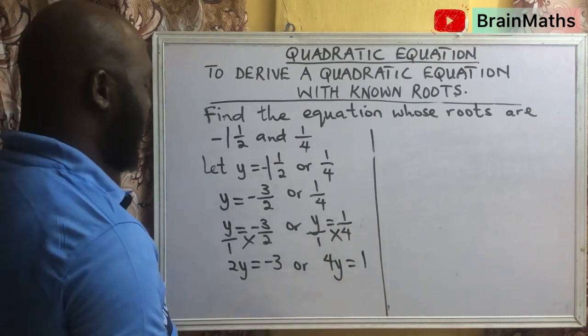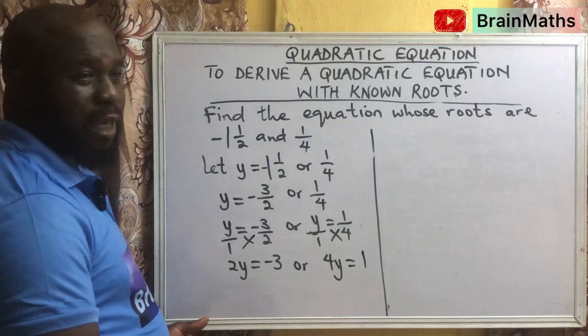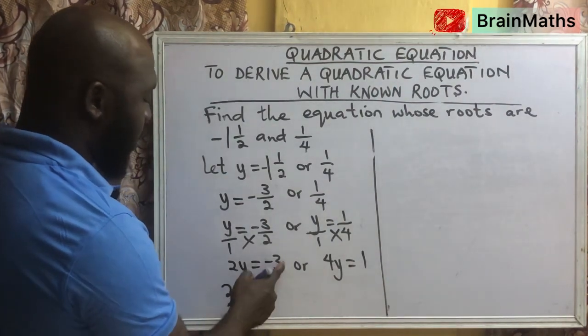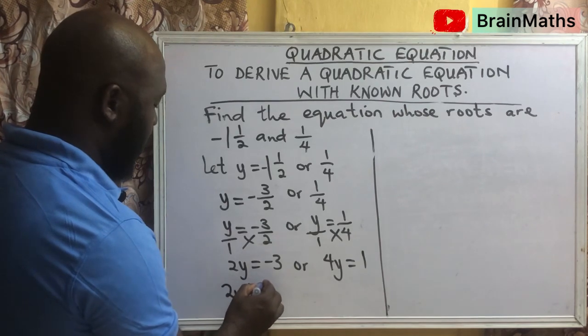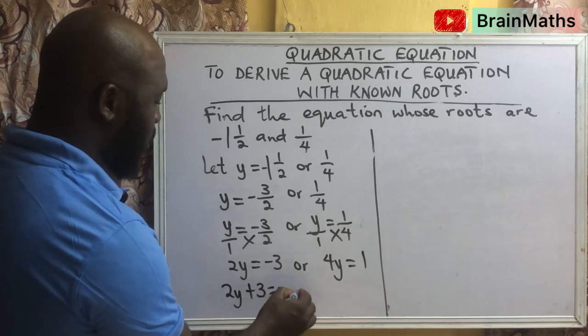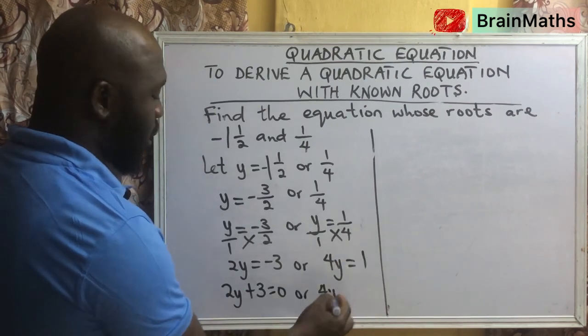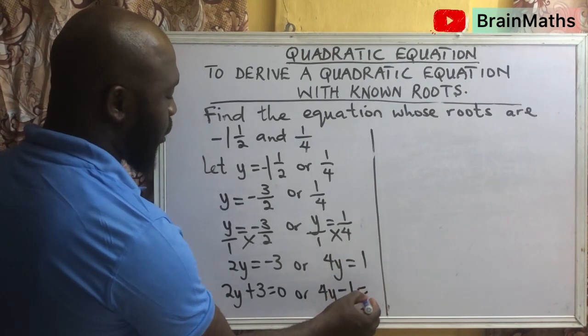Then the next thing is to equate the two sides to 0. So it is going to give us 2y, when minus 3 comes in, it becomes positive, equals 0, or 4y, when positive comes in, it becomes minus 1 equals 0.